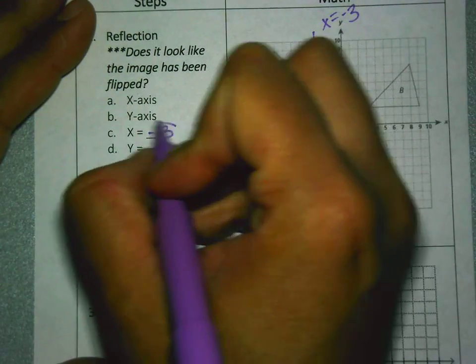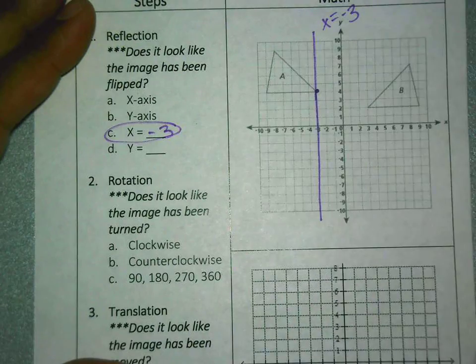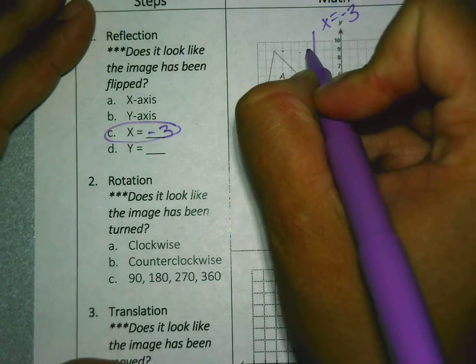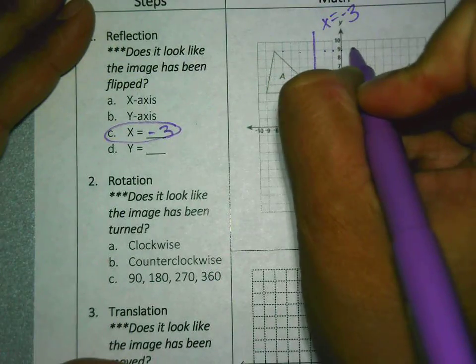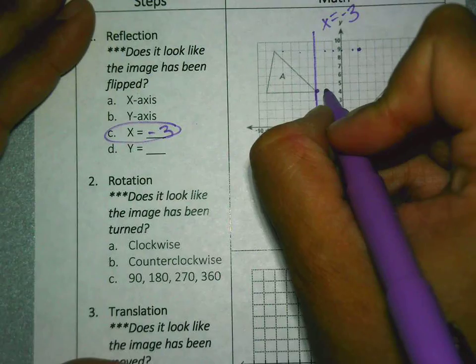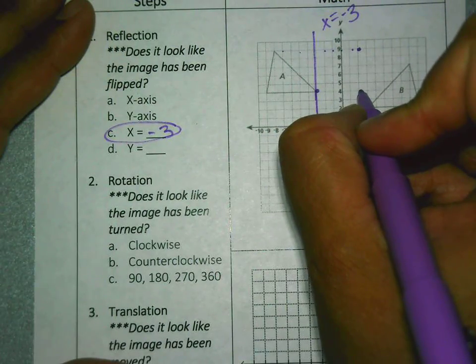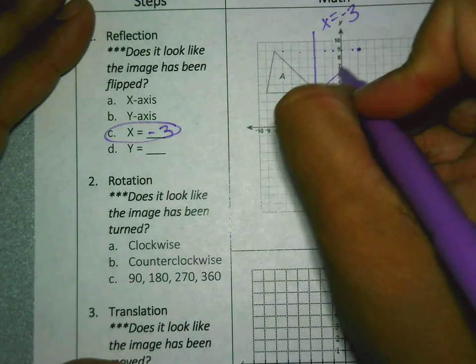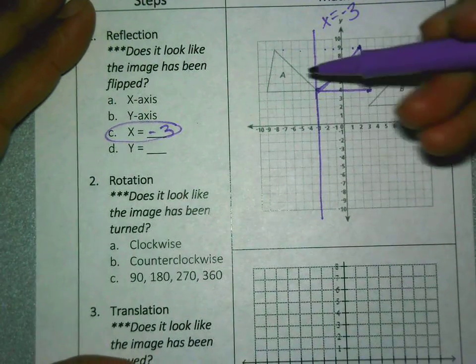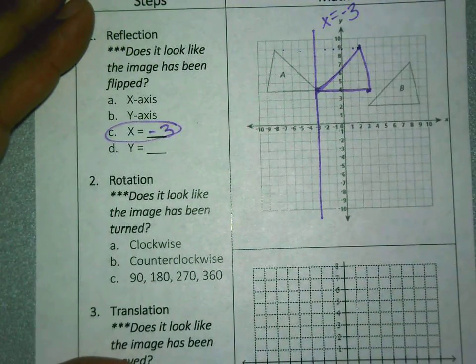Across x equals -3, so if I did that, this point would stay where it is. This point is 5 away, 1, 2, 3, 4, 5. And this is 6 away, 1, 2, 3, 4, 5, 6. So now I have reflected the pre-image over x equals -3.